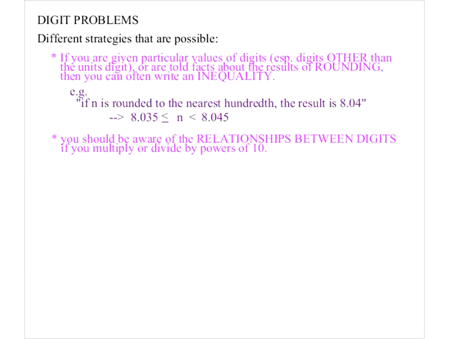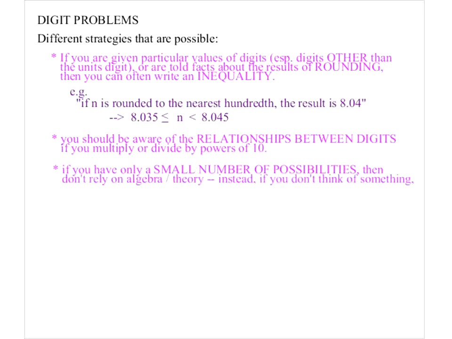So if you have only a small number of possibilities, then don't necessarily rely on algebra or theory. Instead, if you don't think of something, then just start making a list.